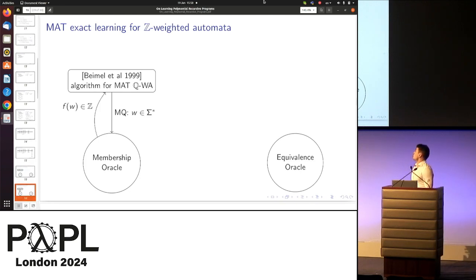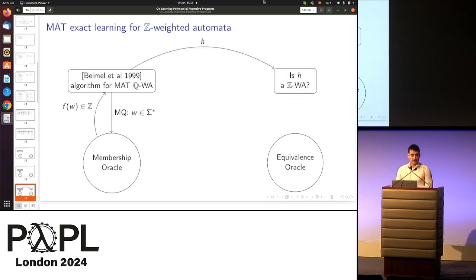If it tries to make a membership query, that is perfectly fine. It gives an input, and the oracle returns the integer output. However, the problem might occur when we're trying to access the equivalence oracle. And why is that? Because the equivalence oracle might complain about the fact that we are asking it if it's equivalent to something which is not a Z automaton. So what do we do to fix this problem?